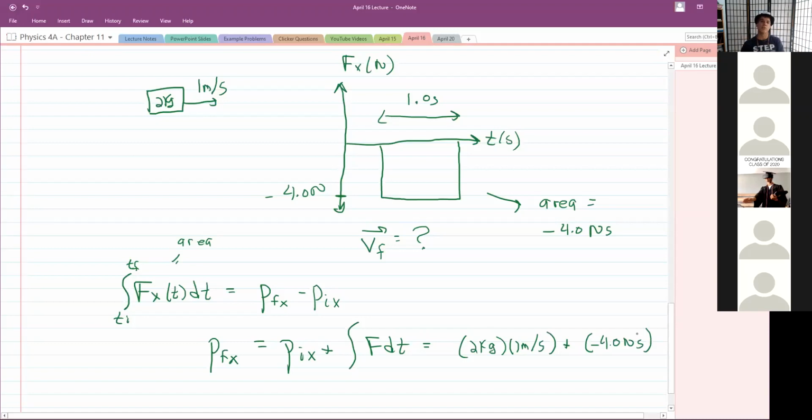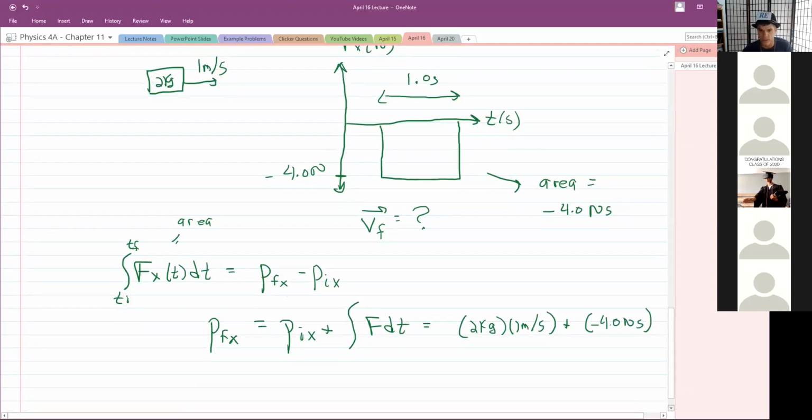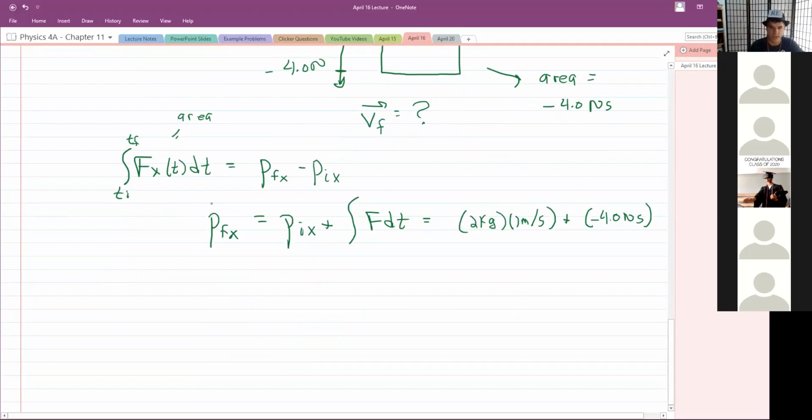So again, a kilogram meter per second and a Newton second are equivalent in terms of units. So what I get is my final momentum then is -2 kilogram meter per second, but that has to equal my mass times my final velocity in the x direction.